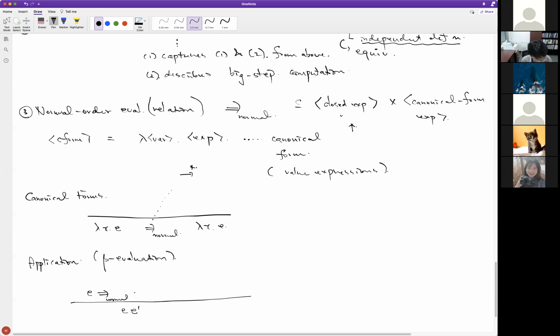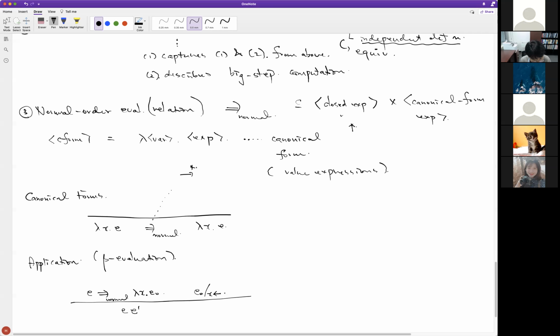But a canonical form is always going to be a lambda expression. So we get a canonical form. And then once we get a canonical form, we look at the body of the lambda expression and replace the former parameter x by the actual argument.